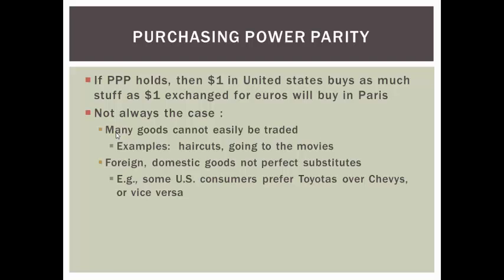What can we say about that? Well, if purchasing power parity doesn't hold, it means the exchange rate is not really representing the true value of a currency. So economists were trying to figure out whether we can calculate if the currency is valued correctly, if the currency is overvalued or undervalued.